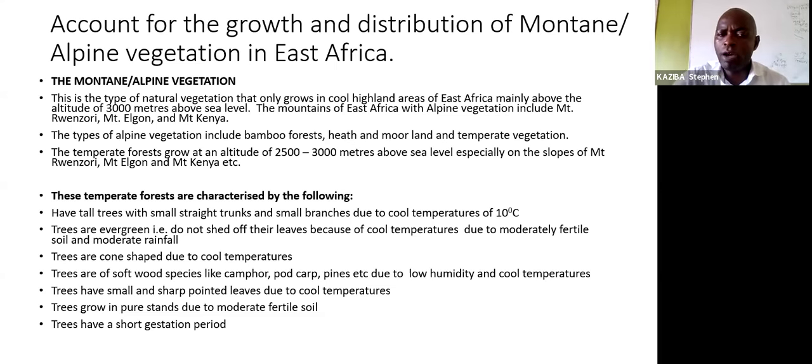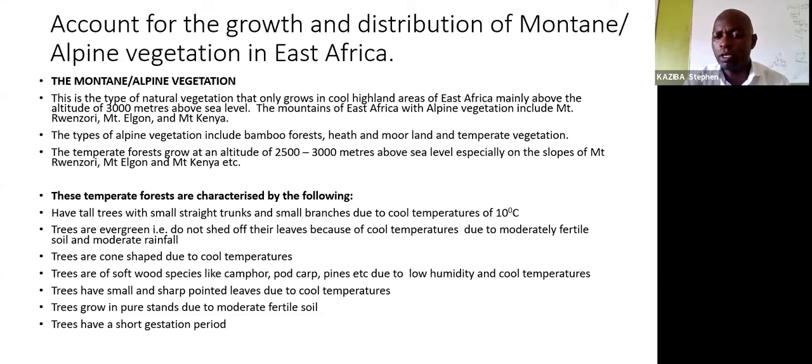So at that height, we have temperate forests. And you tell us that they're characterized by the following characteristics. They have tall trees with small straight trunks and small branches. Why? Due to cool temperatures of below 10 degrees Celsius. Then you also tell us that they're evergreen and they don't shed off their leaves. Why?